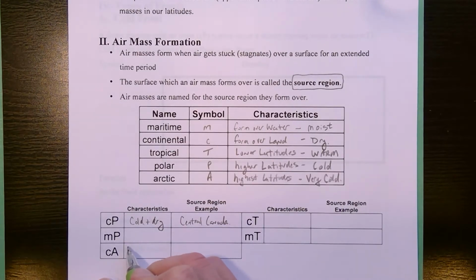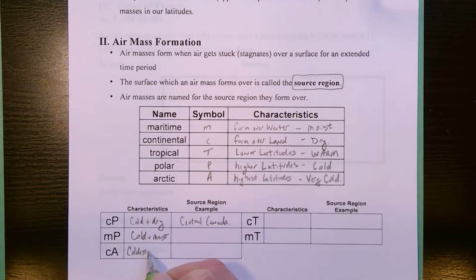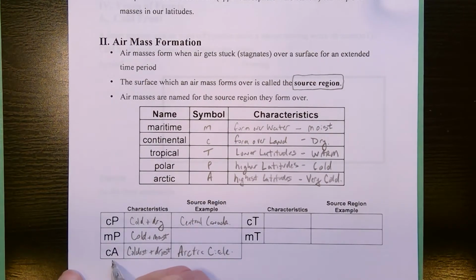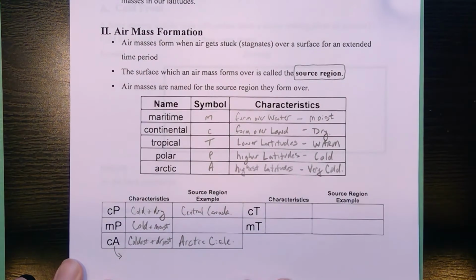Maritime polar would be cold because it's polar, but it's cold and moist. Continental Arctic is coldest and driest. This would be air that's descending from, say, the Arctic Circle. Usually continental Arctic is only going to be observed in the winter.